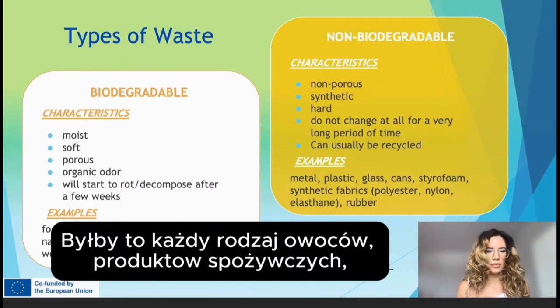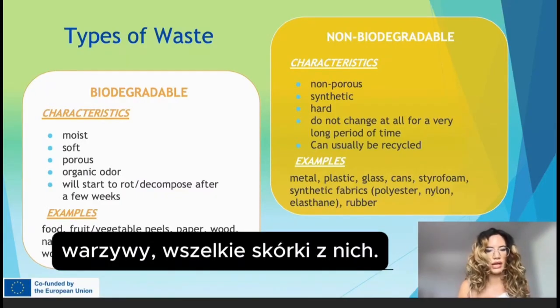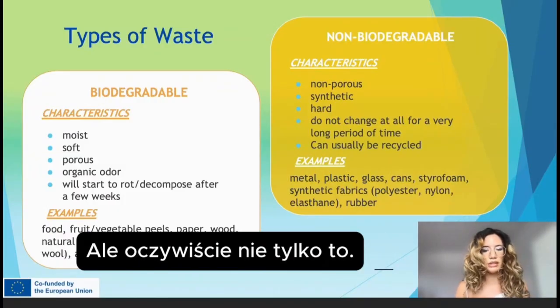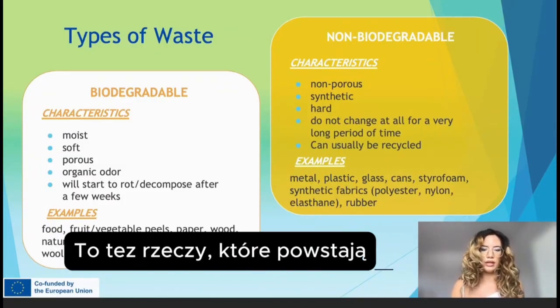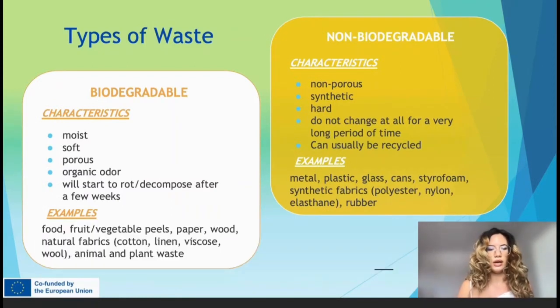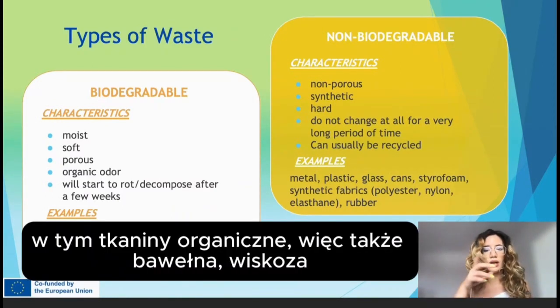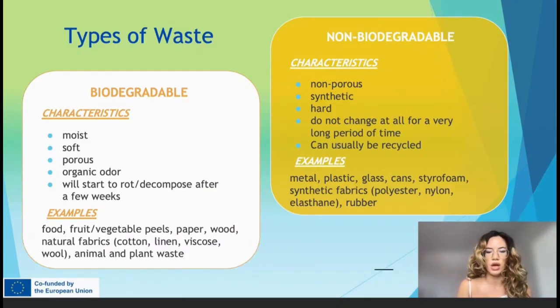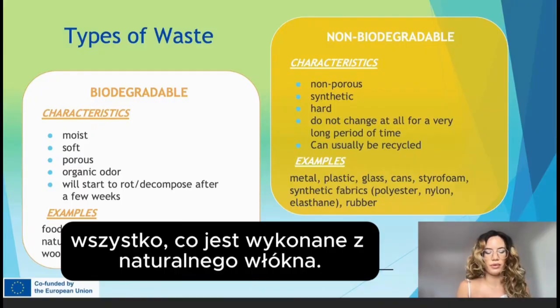This would be any type of food, fruit, vegetables, any peels from this, but of course not only. It would be the things that originate from natural substances such as wood, paper, including organic fabrics, so also cotton, linen, viscose, anything that is made from a natural fiber.